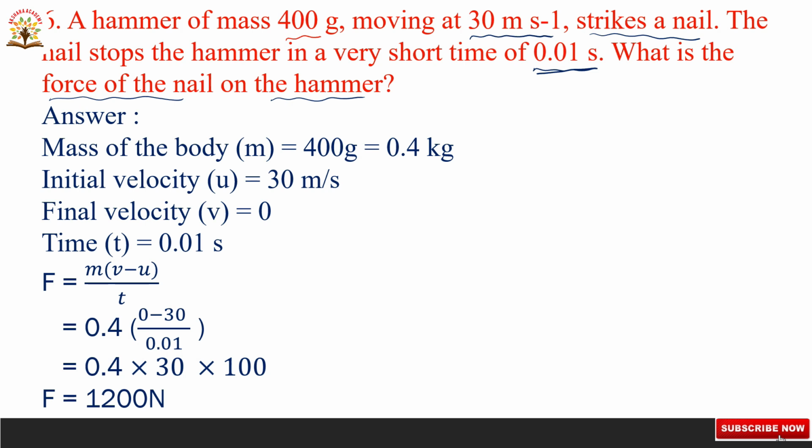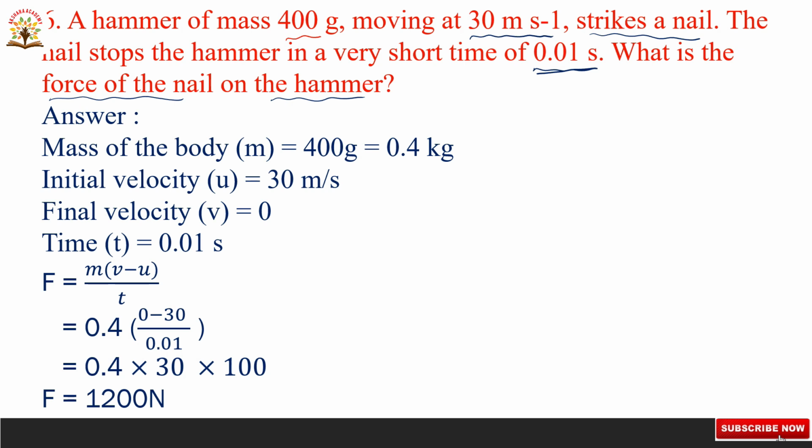They given mass 400 grams and initial velocity 30 meters per second. The nail stops the hammer. Here a body comes to rest, nothing but its final velocity is equal to 0. The time they given as 0.01 seconds. So what is the force of the nail on the hammer?